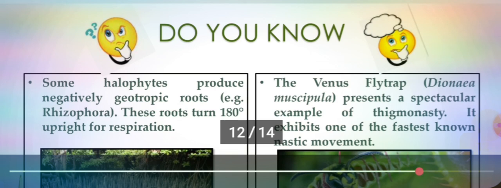When the hairs are disturbed, automatically the flattened leaves close, and they secrete digestive juices, and that's how they absorb the nitrogenous substances, because these plants live in an area where nitrogen is deficient, so they want this nitrogen for their luxuriant growth, for producing yield.